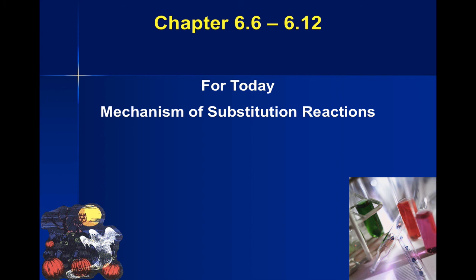Pretty much the same thing, right? We have a situation where the nucleophile is going to attack the carbon. The leaving group is going to leave. At least at this stage, we end up with this molecule.